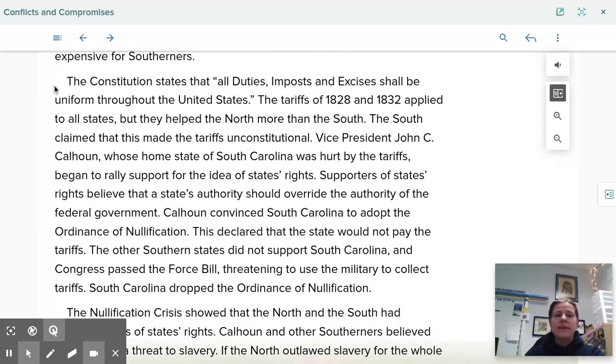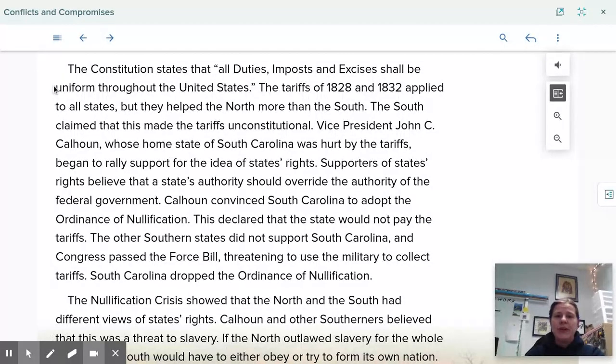The Constitution states that all duties, imposts, and excises shall be uniform throughout the United States. The tariffs of 1828 and 1832 applied to all states, but they helped the North more than the South. The South claimed that this made the tariffs unconstitutional.